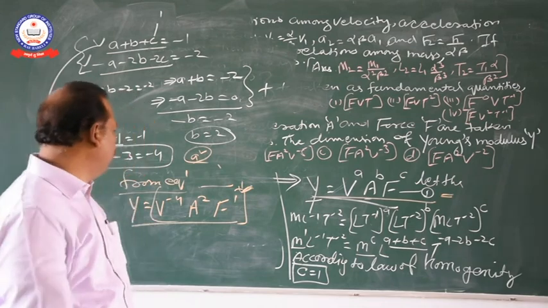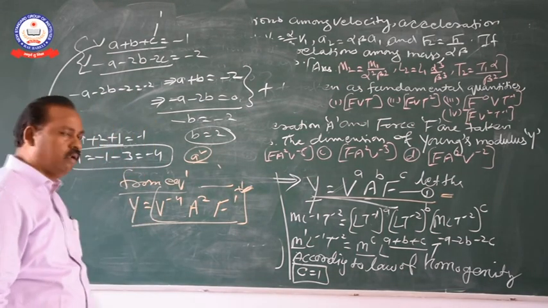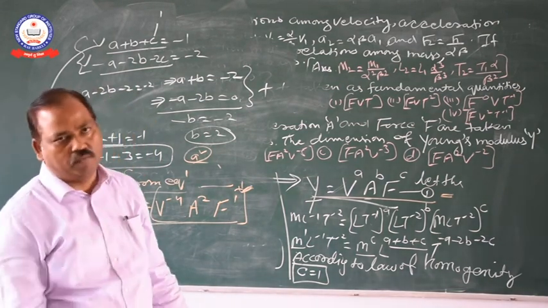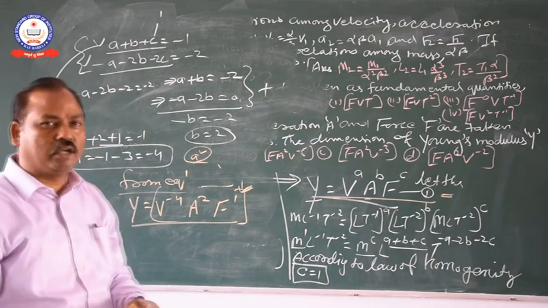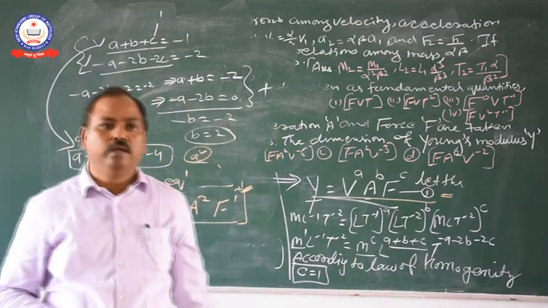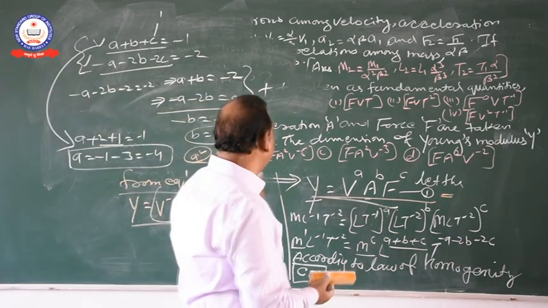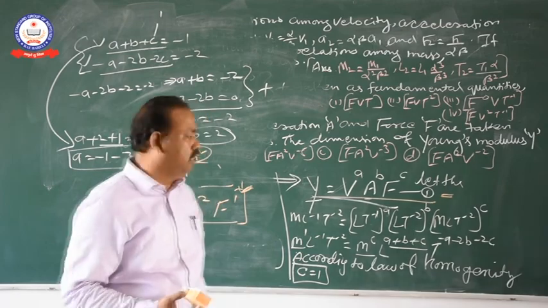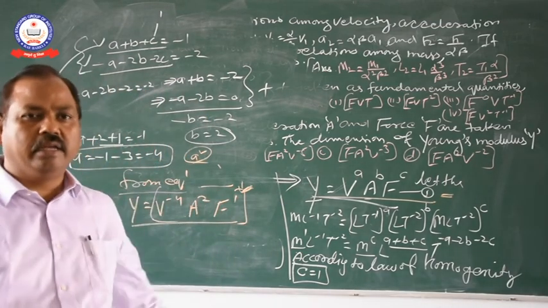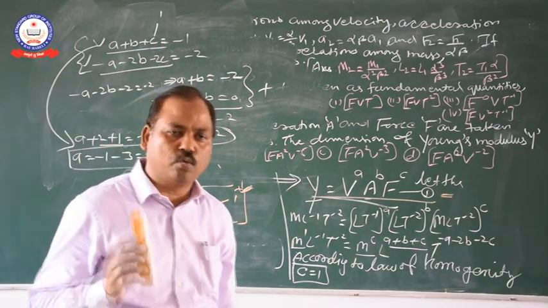Y is equal to V raised to power minus 4, A square F raised to power 1. Correct? This is the concept. When you are taking other derived quantities like force, acceleration, velocity, they are taken as fundamental quantities.